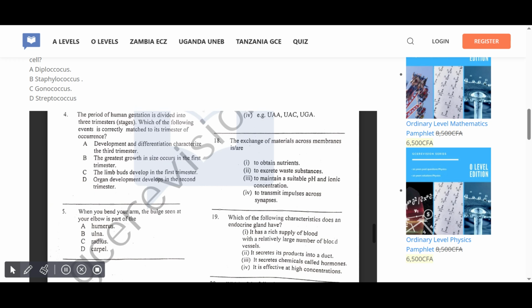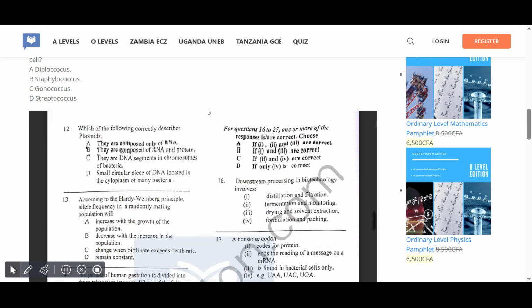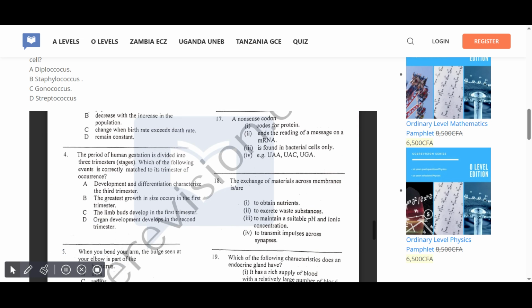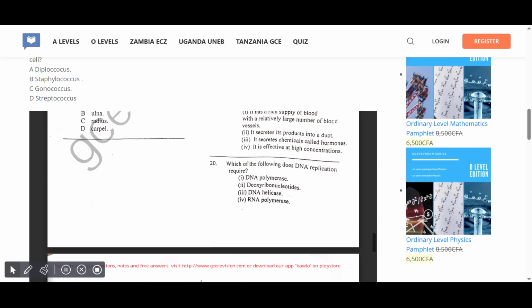Which of the following characteristics does an endocrine gland have? The answer is B, which is 1 and 3. Question 20. Which of the following does DNA replication require? The answer is B.